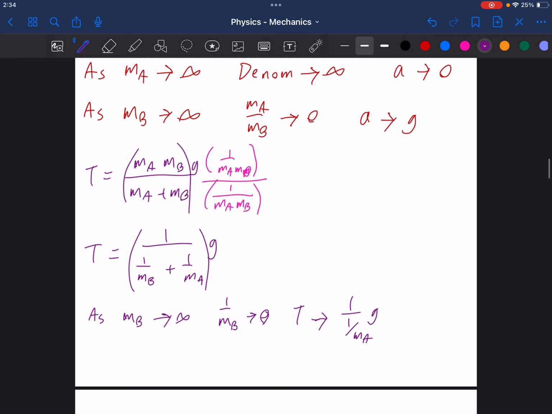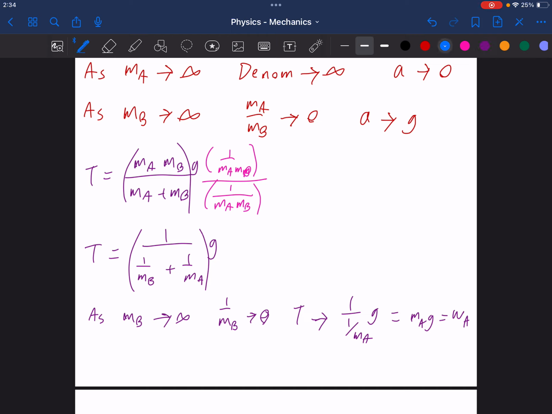Times G here, so I'll end up with tension just going towards the weight of A. So the mass of A times G, or the weight of A. So if B is extremely heavy, the tension in the system tends to go towards the weight of A.